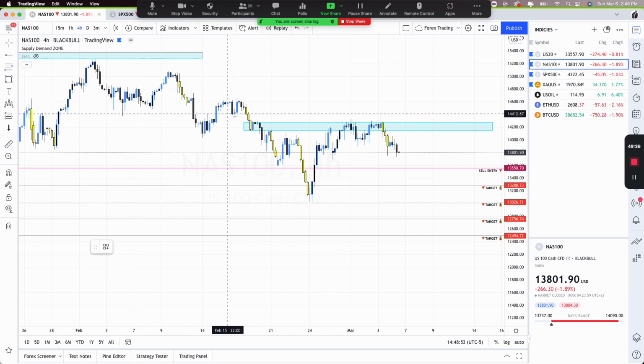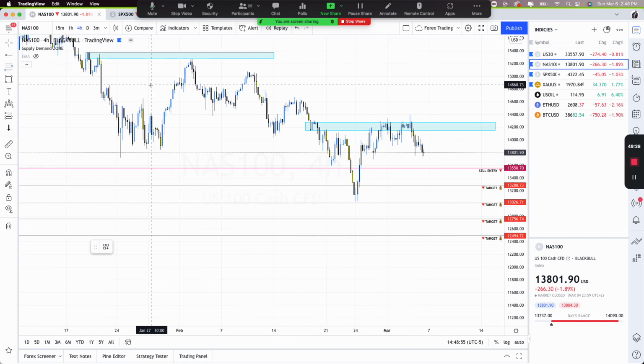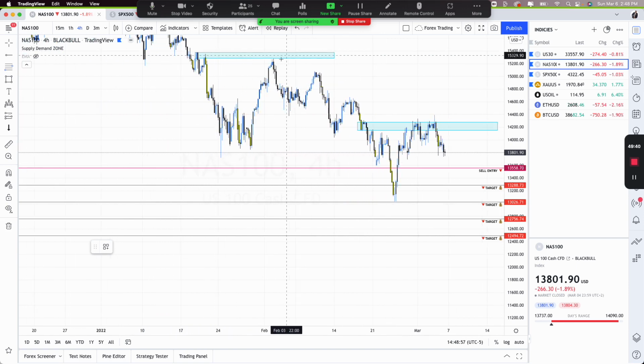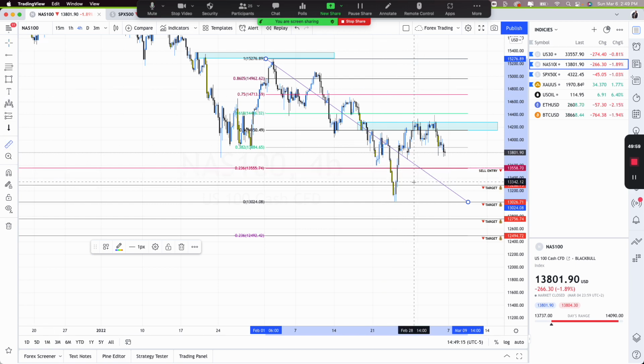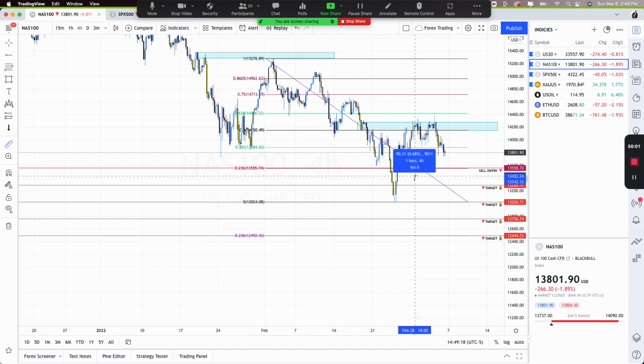Well, if you want to take the full 25%. Right here. It would have been from, if you got in safely, this move to this move, which would have been 217 pips.